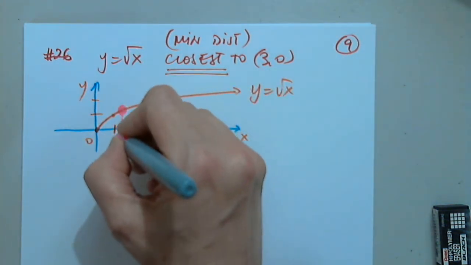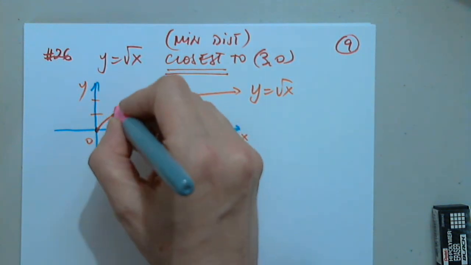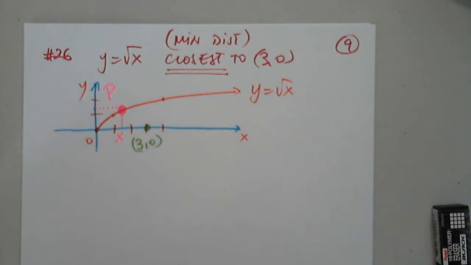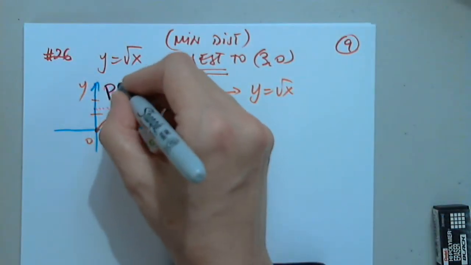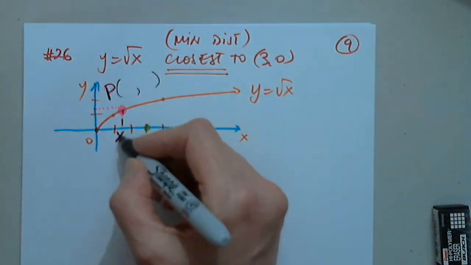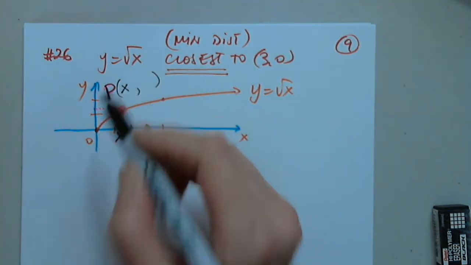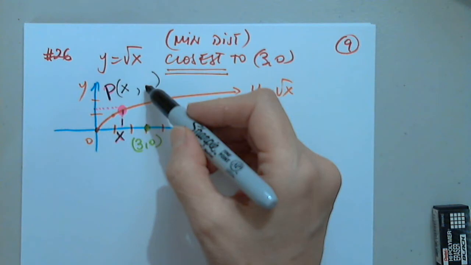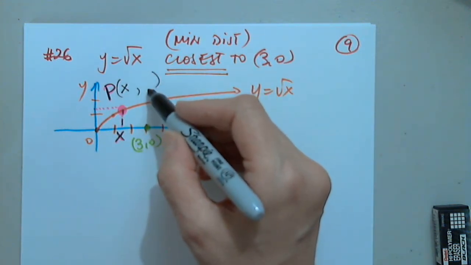If the x-coordinate is x, can anyone give us the y-coordinate? How do I write the y-coordinate?